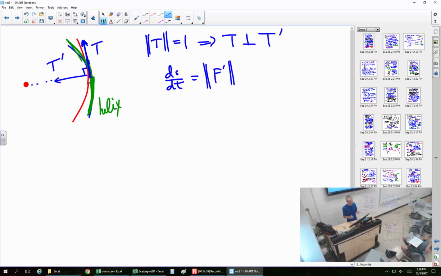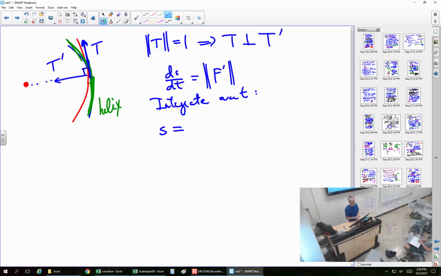Okay, so what I can do with it, how about integrate over t, naturally over t. So what do I get on the left? Yes, s. And on the right, it's just the integral.